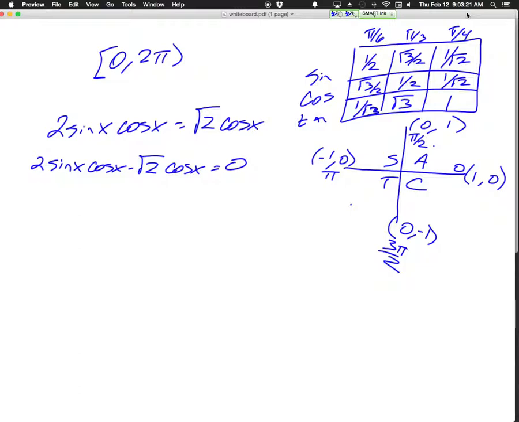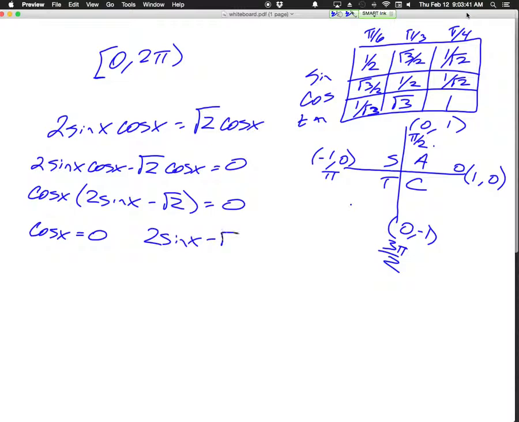Factor. What do we do after we factor? Set them equal to 0. So add the square root of 2 over and divide.